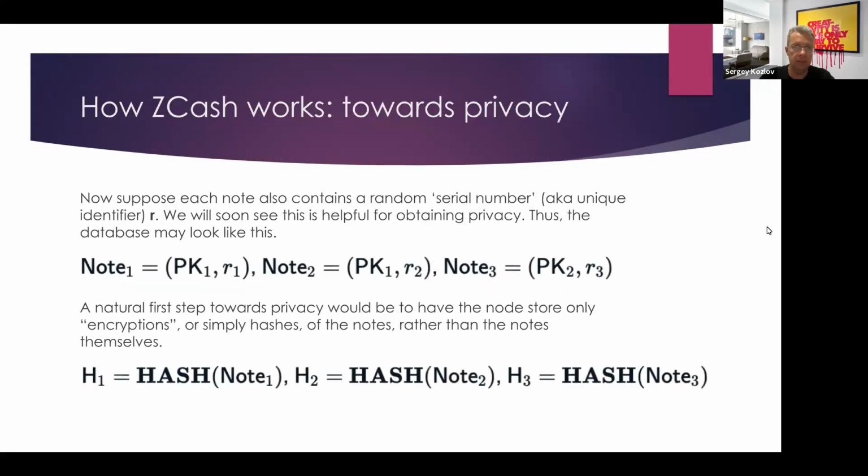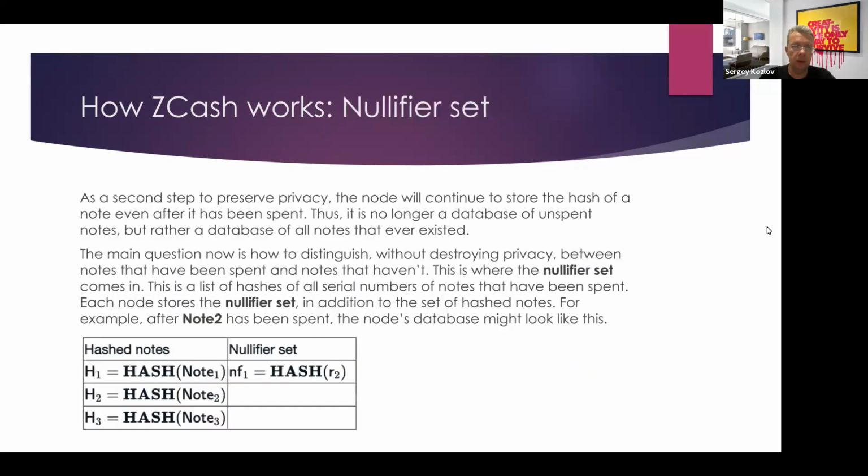If we have H of R2 in it, it means that the second node was spent, that it was sent to someone. It's not only unspent nodes: it's the database of all nodes that ever existed, with a nullifier set of the nodes which were spent sometime in the past.